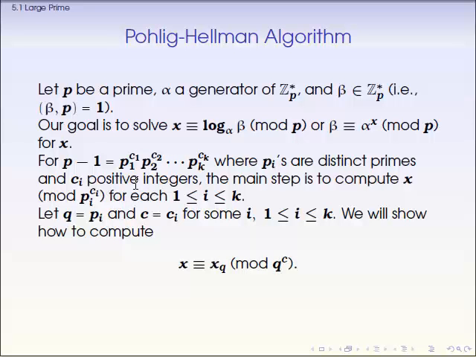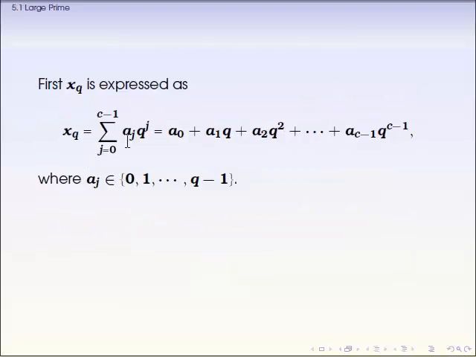So it's at least 1, because ci must be a positive integer. With that condition, this sum is reasonable. We should have at least one term, but it could be many terms, depending on what power c we have for that prime factor pi. Anyway, a sub j is unknown at this moment.